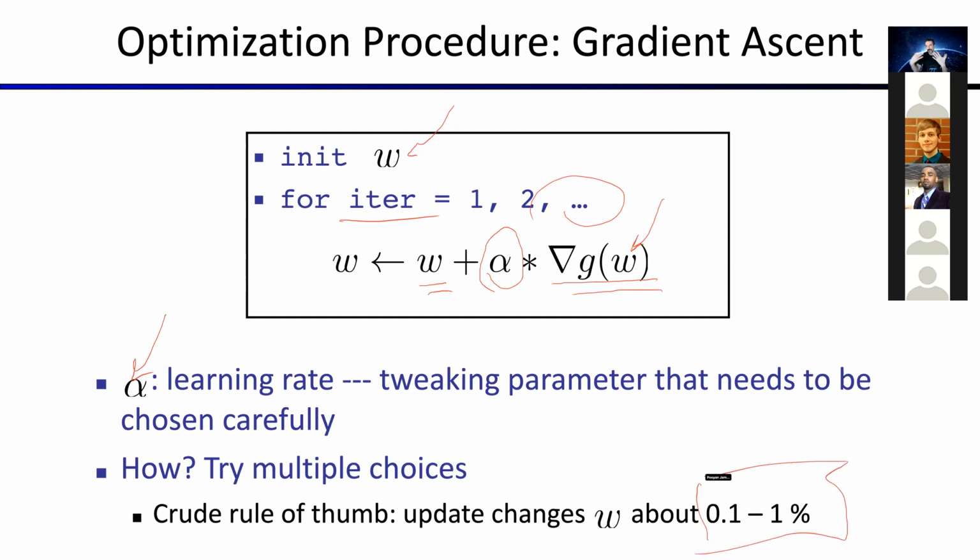a very small amount. This learning rate could be fixed or could also be adjusted during the learning. Typically, there are algorithms and extensions of gradient ascent that update the learning rate according to a simple rule.